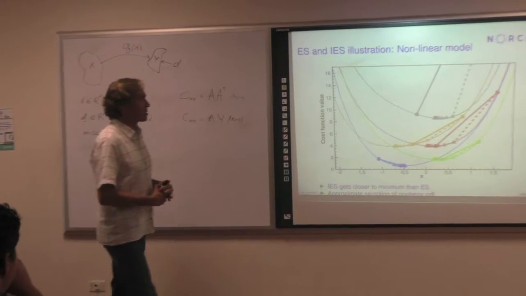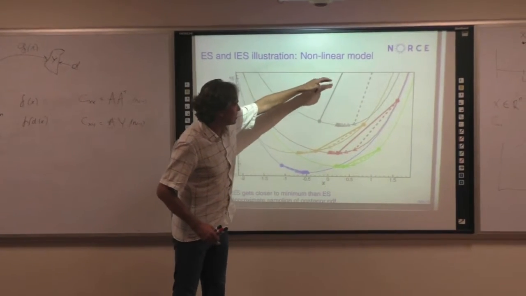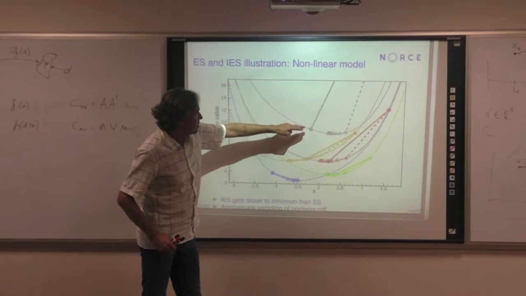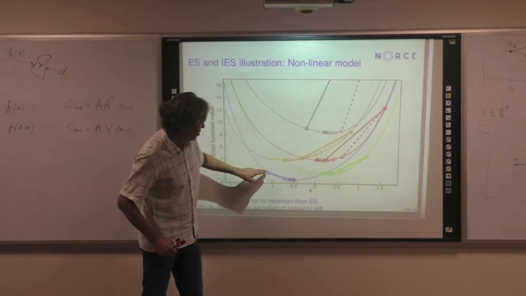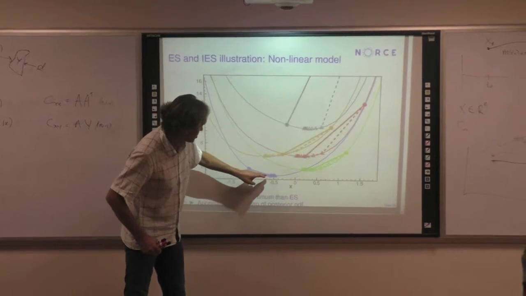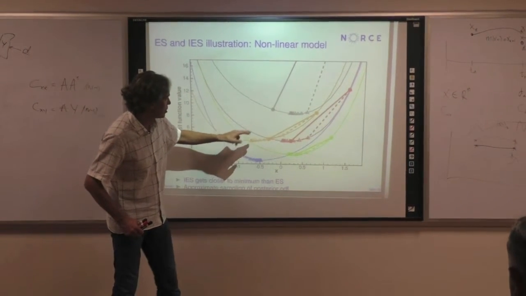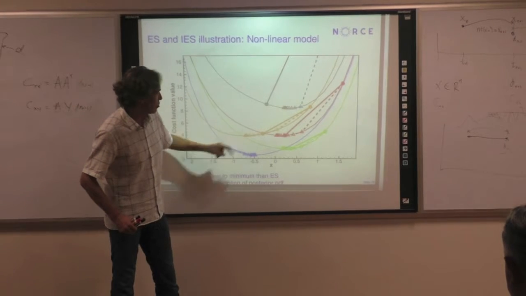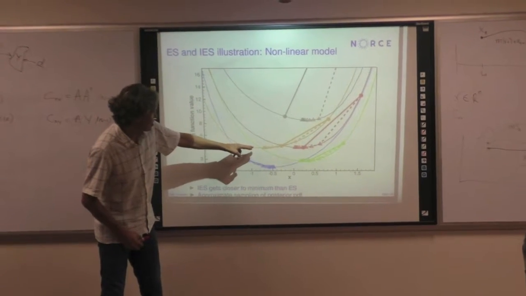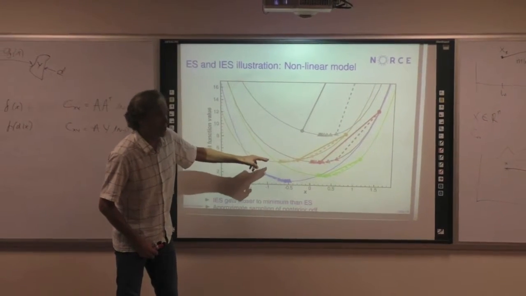In the nonlinear case, that's not true. And then you see that in this case, the ENKF solution ends up here. But so they are not the same, right? The iterative smoother goes closer to the global minimum. But here you can see that it's not exact. Maybe it should be even a bit in this direction.